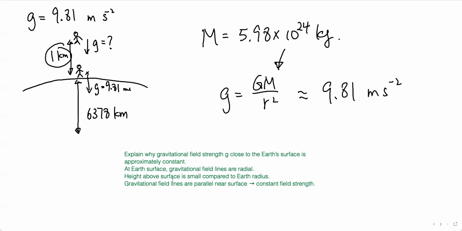So even if you calculate the height, calculate the R in the formula, you still get the same result for g. It's still 9.81.